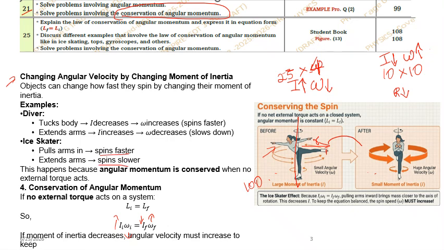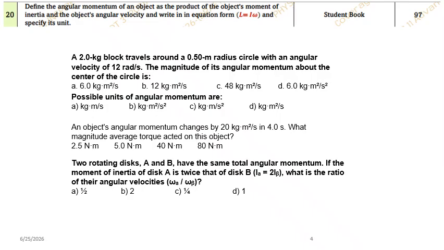Moment of inertia I decreases, omega increases and you spin faster. I increases, omega decreases and you slow down. Remember this key concept. This is the exact concept checked in question number 25 as well. Now let us do certain questions in connection with this.